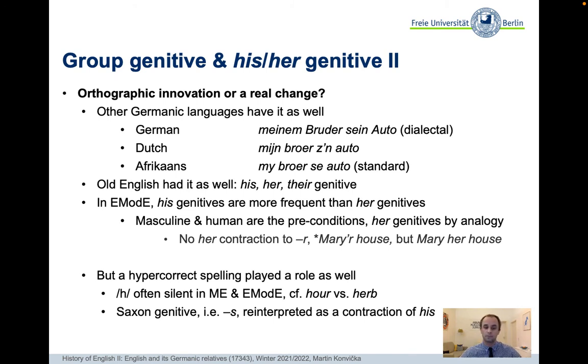And so this is probably the case with the 's in the possessive construction, such as my brother's car. The 's might have been reinterpreted as a contraction of his, my brother, his car. But probably all of these factors play a role, or played a role.